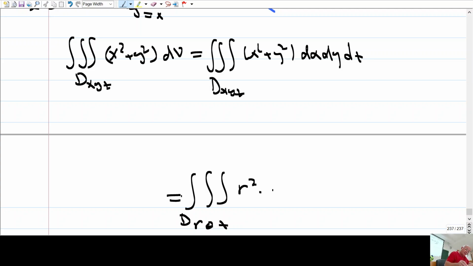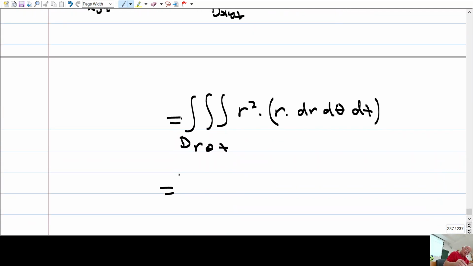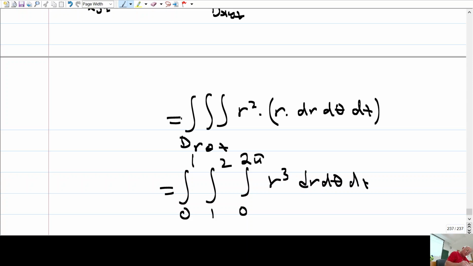Dx, dy, dz will be the Jacobian, which is r times dr, d theta, dz. And so z is ranging from 0 to 1, r is ranging from 1 to 2, and theta is ranging from pi over 4 to pi over 2. I have r cubed dr, d theta, dz.